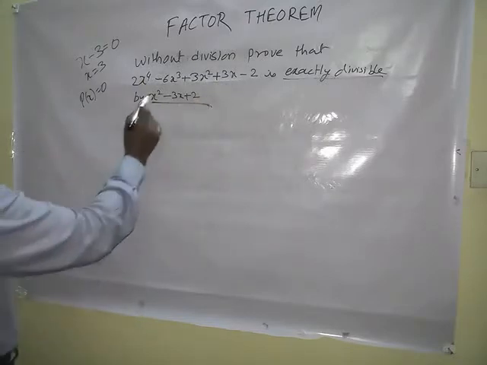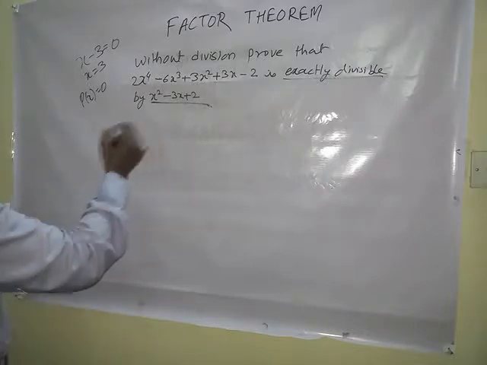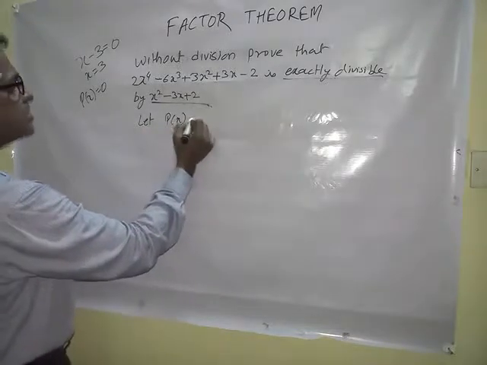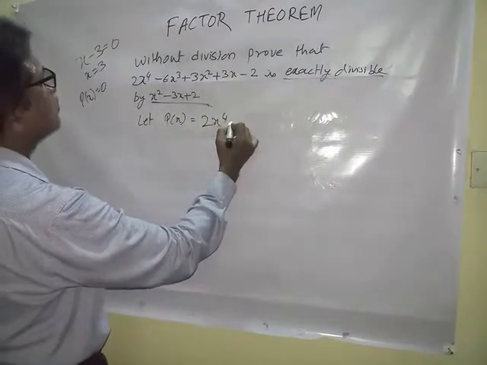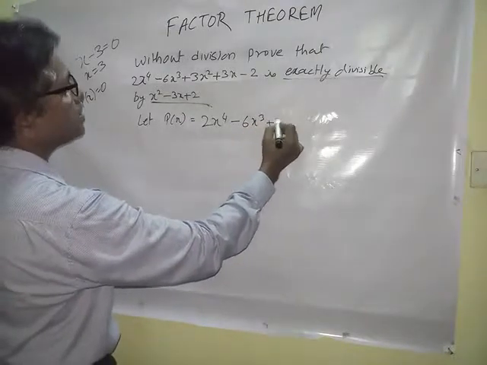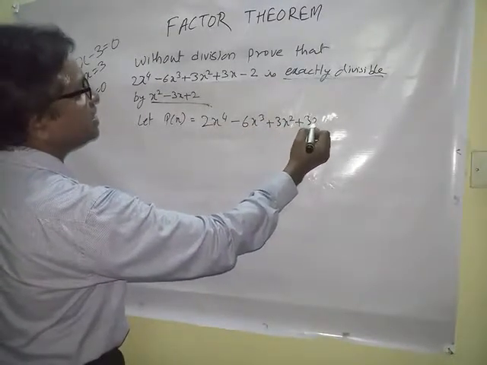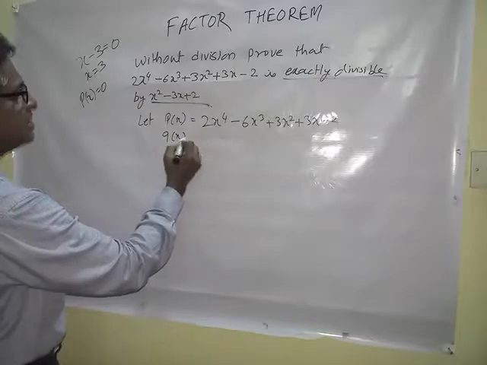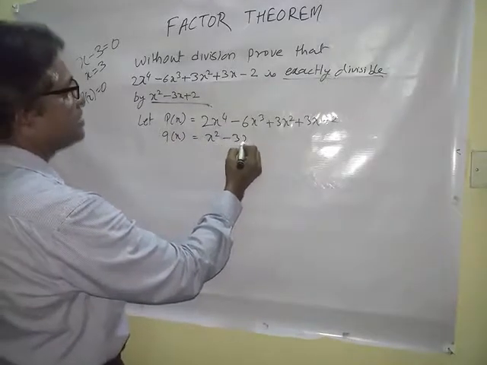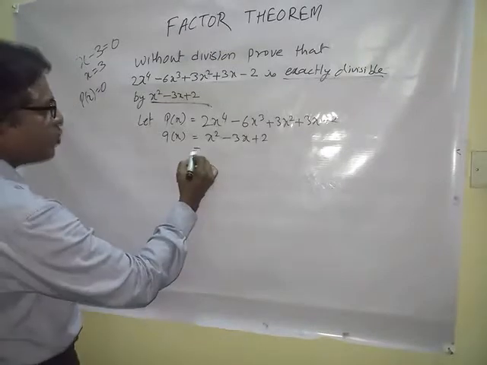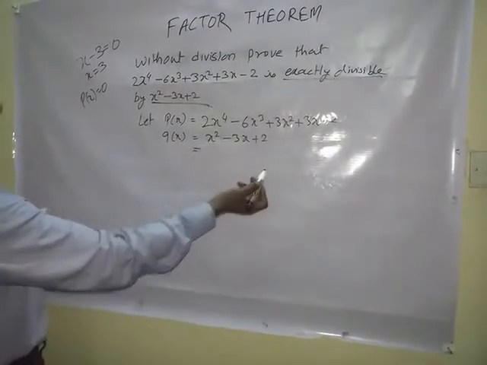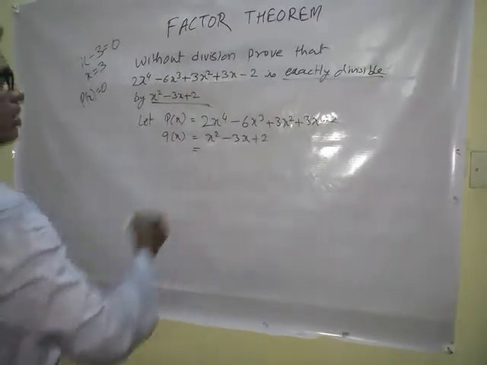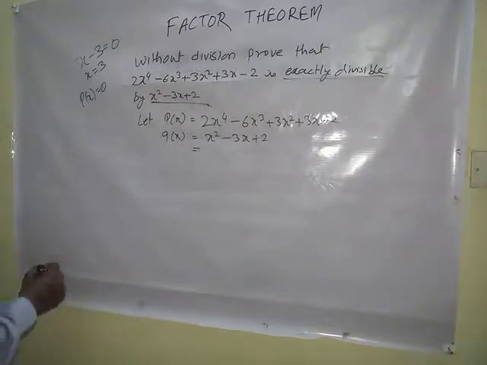But here is a polynomial with degree 2. So what you have to do? Let px is equal to 2x raised to power 4 minus 6x cube plus 3x square plus 3x minus 2, and then qx is equal to x square minus 3x plus 2. By the splitting method you have to break this down into two polynomials having degree 1. How will you do that?